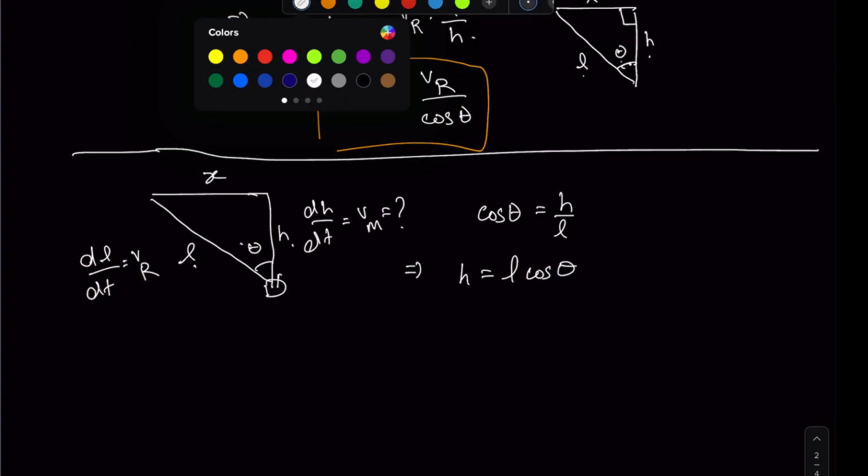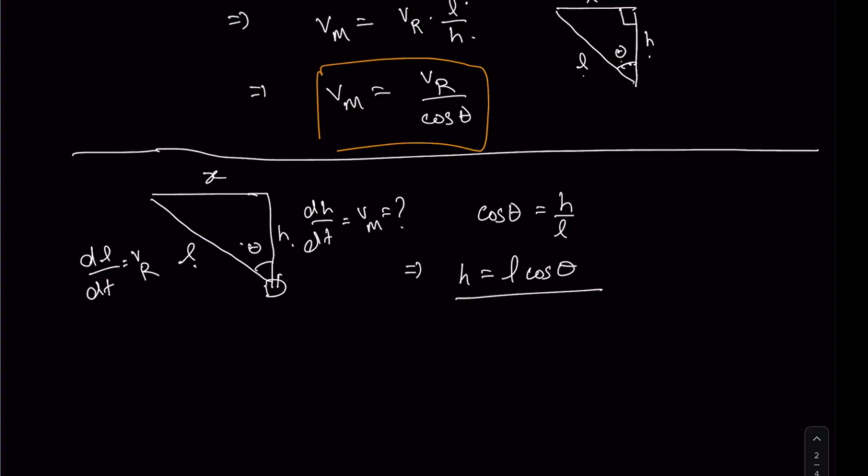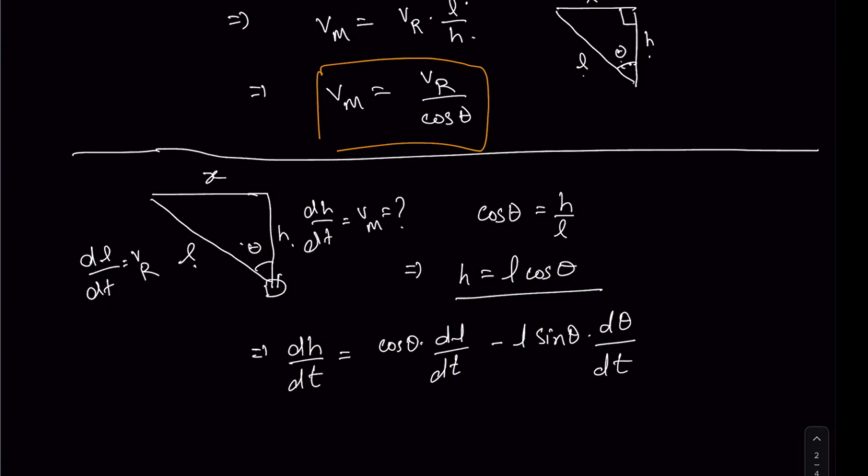So if we differentiate both sides of this equation, we get dh over dt equals cos theta times dL over dt minus L sin theta times d theta over dt. This looks good, something we need. This is something given. How do we get rid of this?